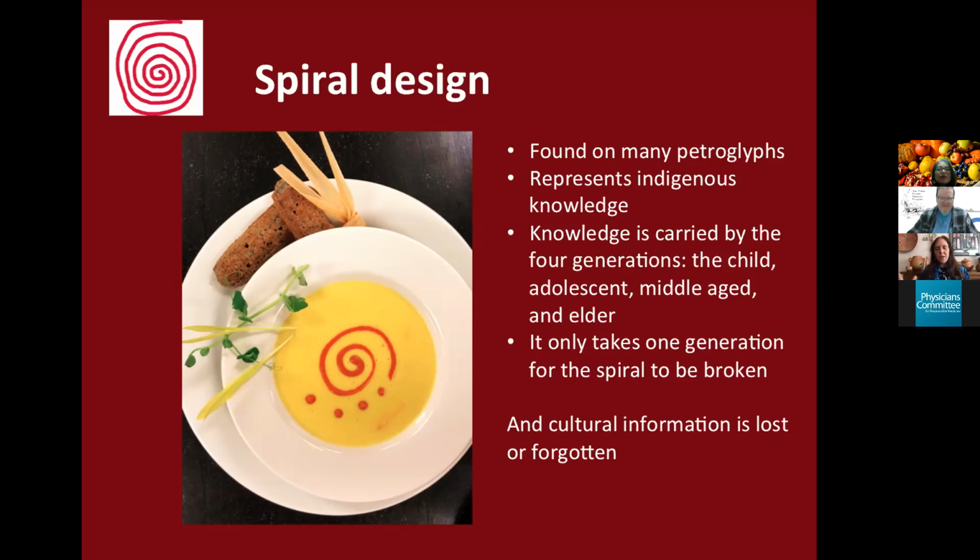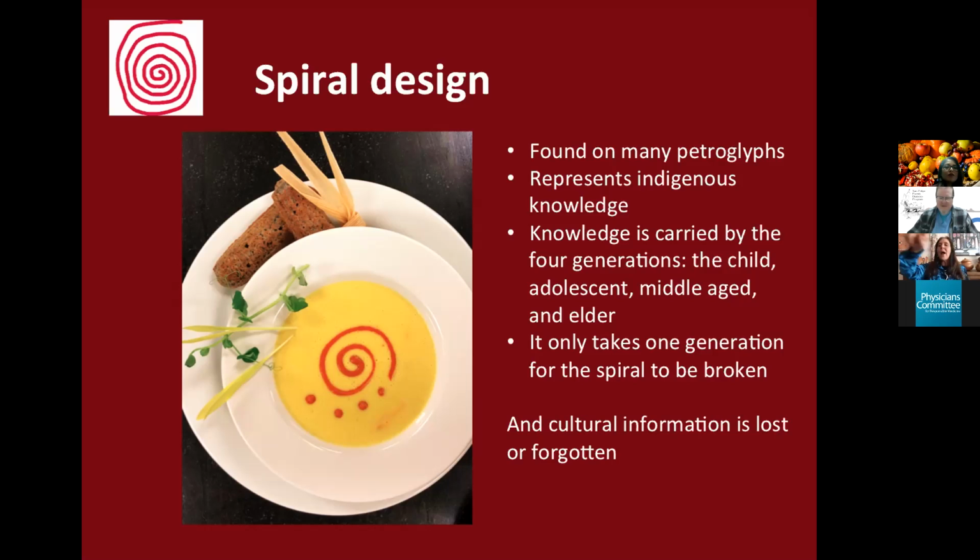Remember, in a lot of native cultures, especially in mine, we use a medicine wheel. 4 is very important. 4 generations. So what are those generations? You start as a child, you become an adolescent, then you become middle-aged, and then you become an elder.